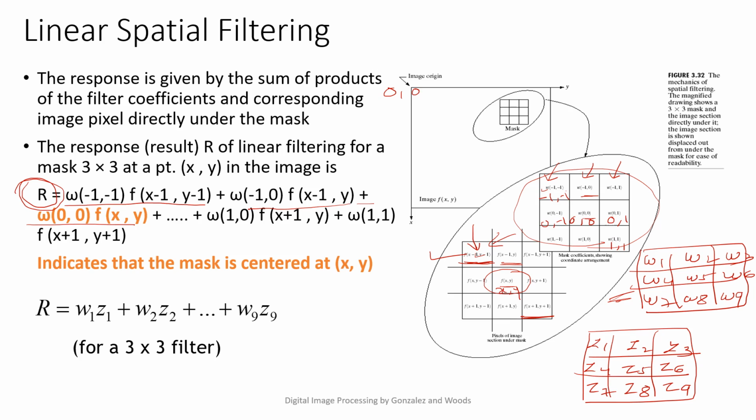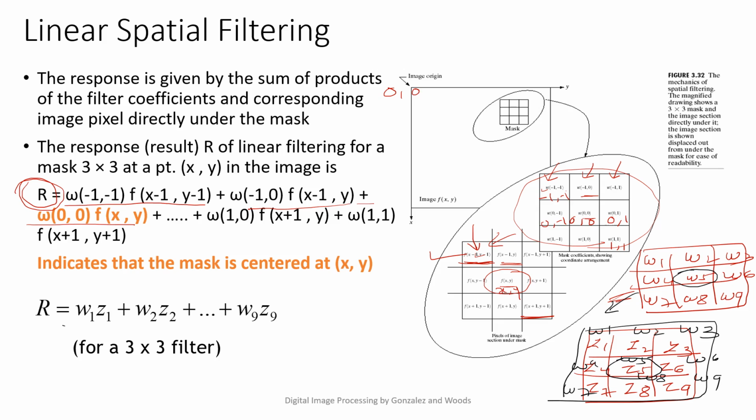So what I'm going to do is put this mask on this image in such a way that the center of the mask is aligned with the center of the image. Now what is there on top of Z1? W1, this is W2, this is W3, W4, W5, W6, W7, W8 and W9.